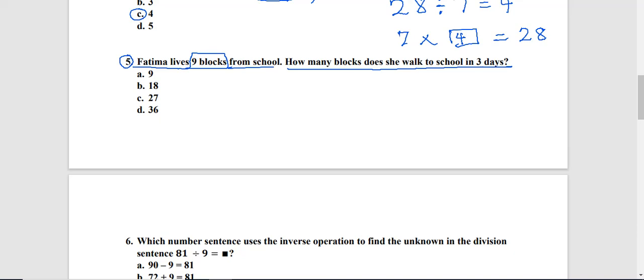So every day, the distance from where Fatima lives to get to school is just 9 blocks. So in a total of 3 days, Fatima will have to walk a total of 9 multiplied by 3, that's 27 blocks. Option C.